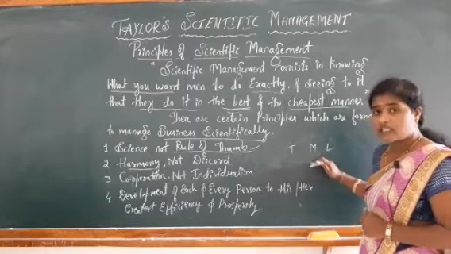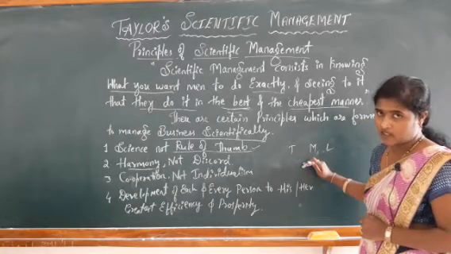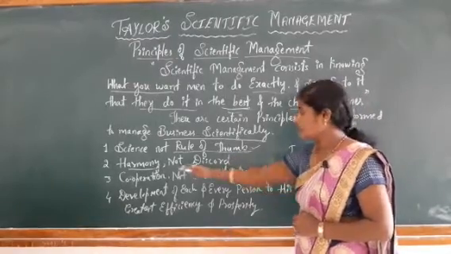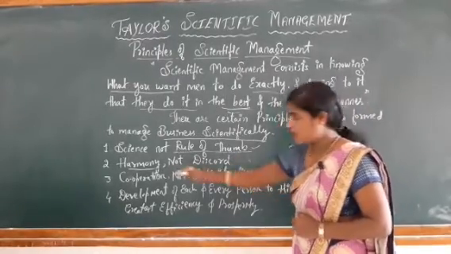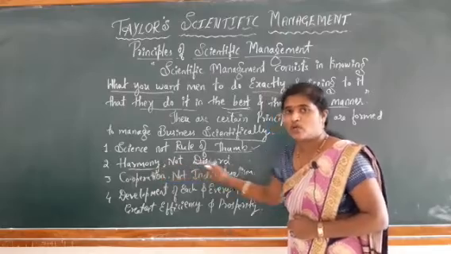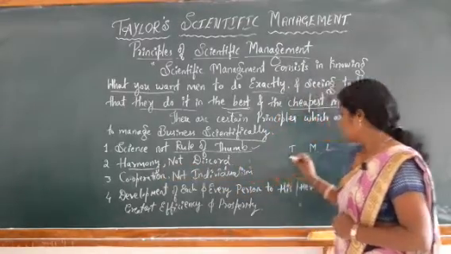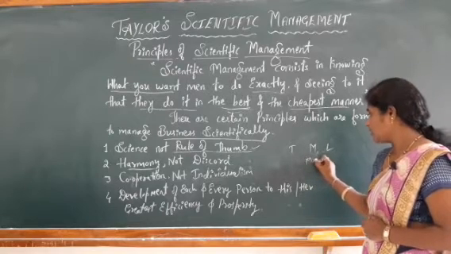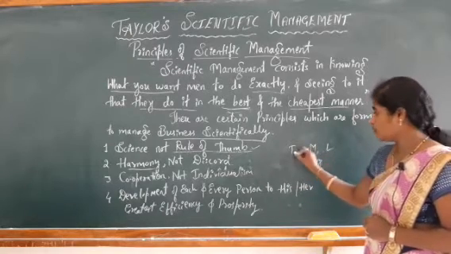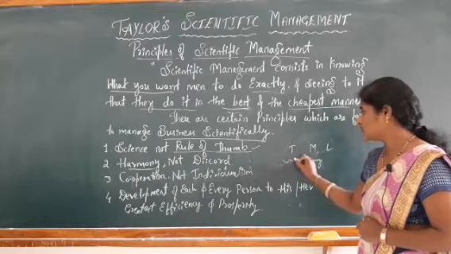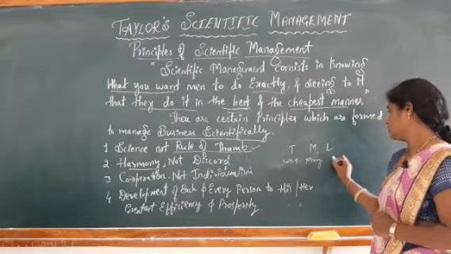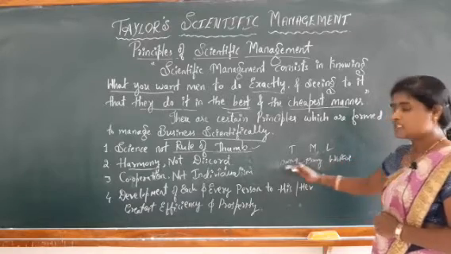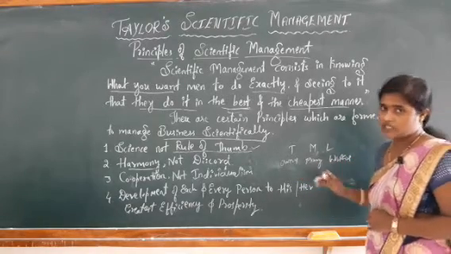When we study the second principle of scientific management, harmony, not discord, harmony is most important and you should not consider discord. Middle level is the managers, top level are the owners and low level are the workers or employees. These are the 3 levels in every business organization.